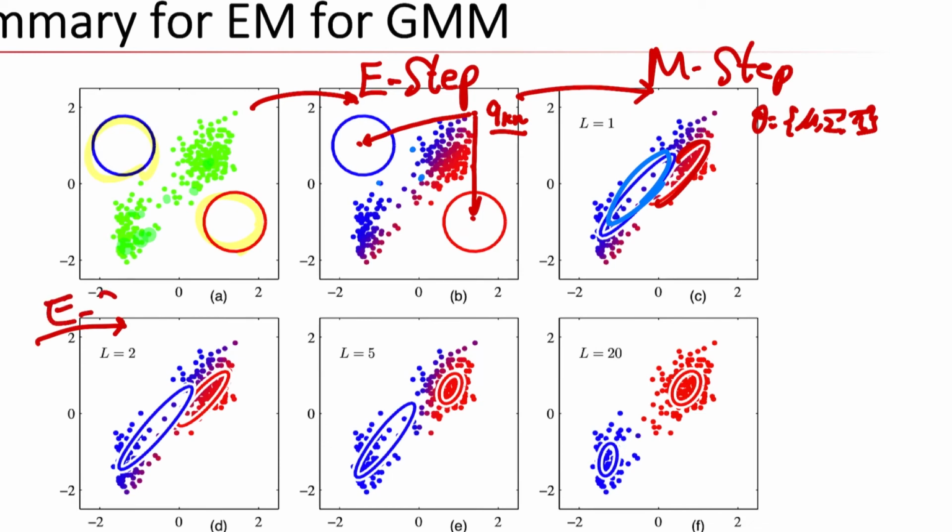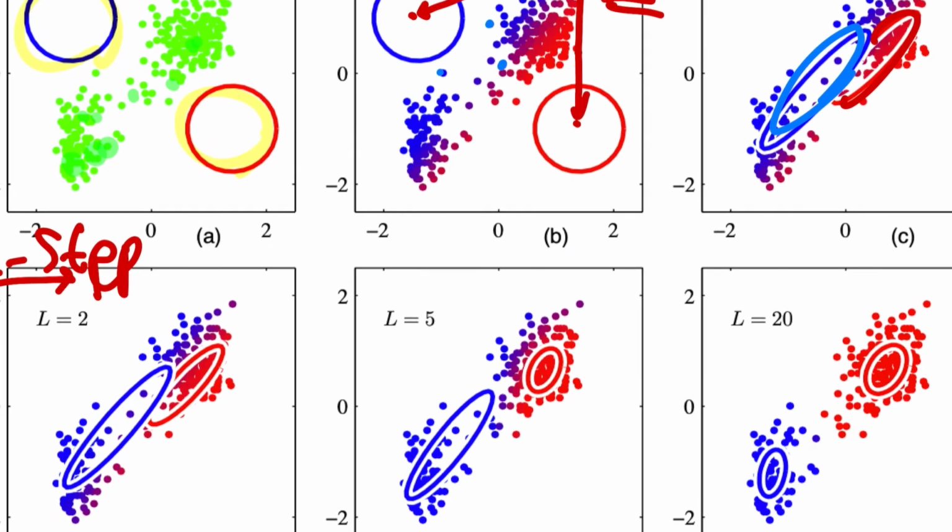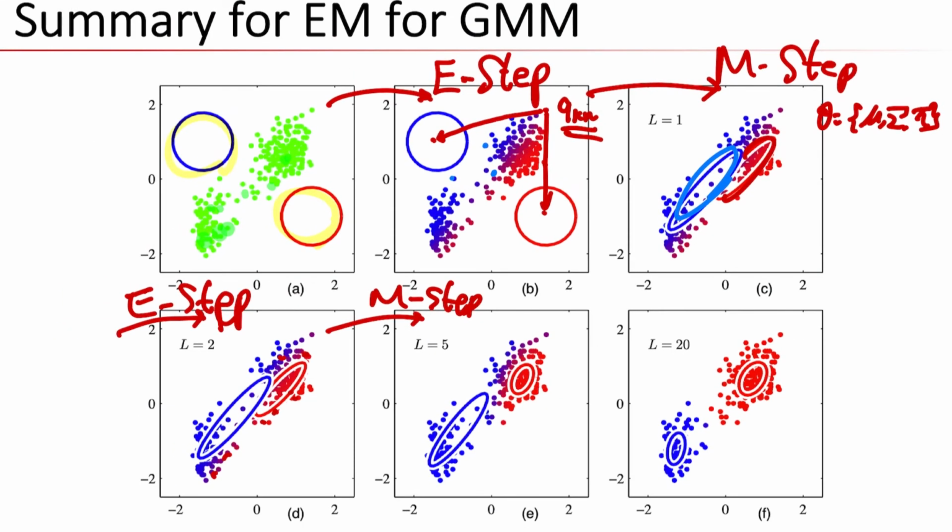And then in the next iteration, E step, update the q k n here, something like that, right? And the maximization step here. So by evolving the iterations, here L equals 2. L means the number of iterations, and L equals 5, and L equals 20. We will find out the clusters, something like that.